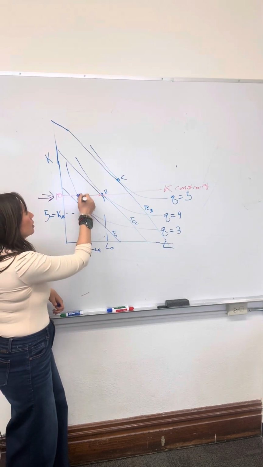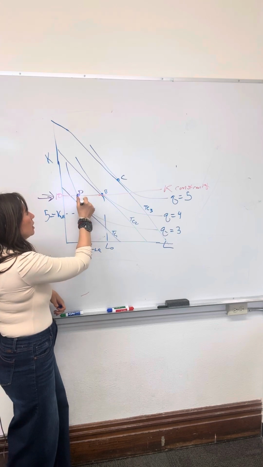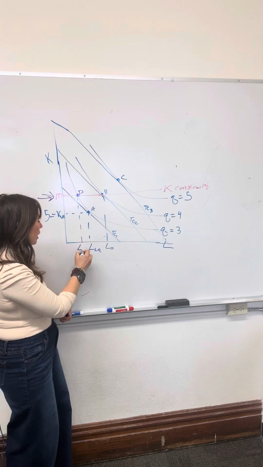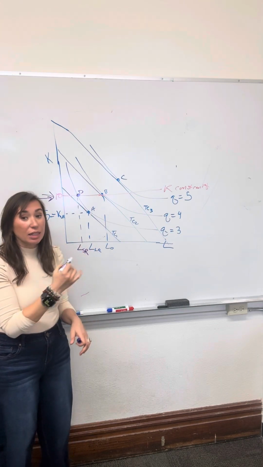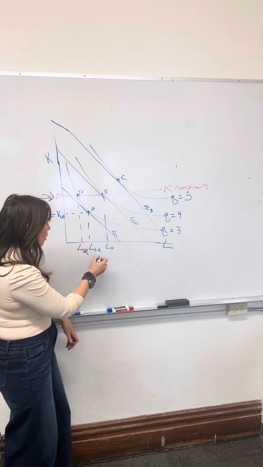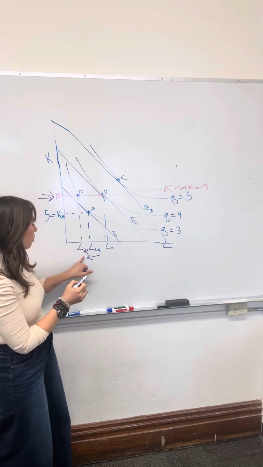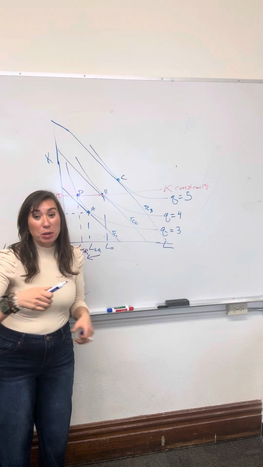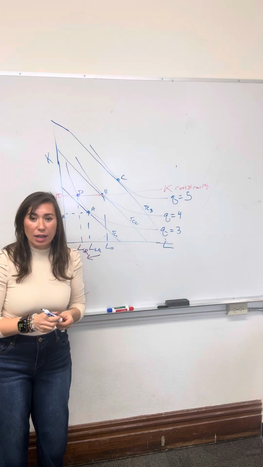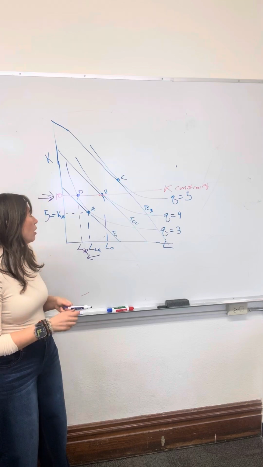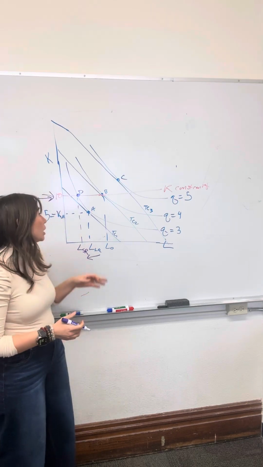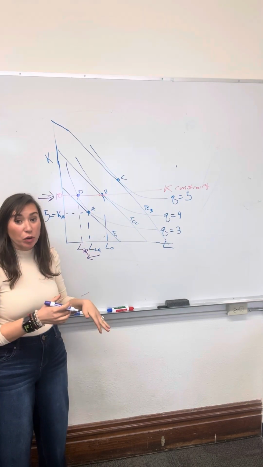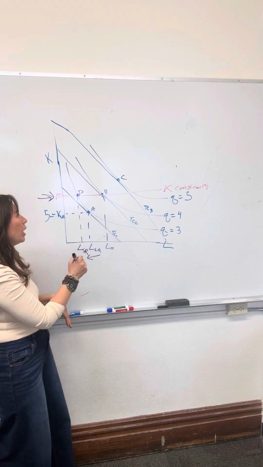And so let's add this as point D. And so I could produce at point B, and in the short run, I could mitigate this effect of having too much capital by reducing my labor even more than I want to in the long run. So maybe I'm sending somebody home on a Friday, or reducing their workload for the week until I can get rid of all that capital and get to point A.